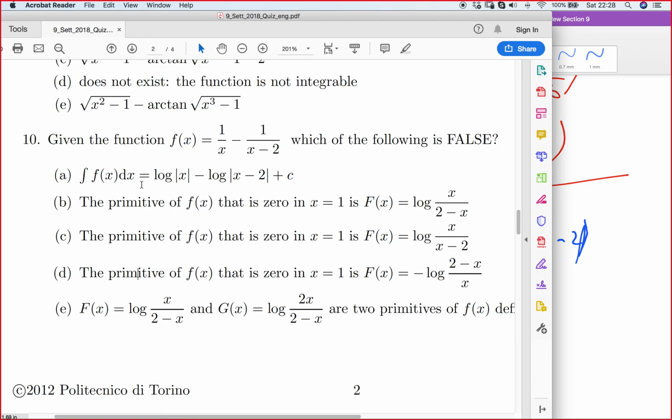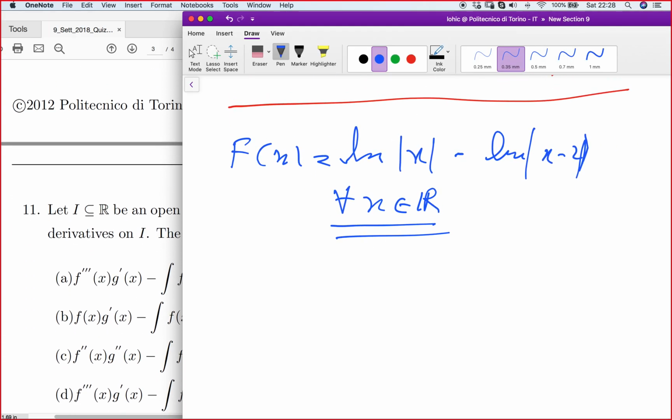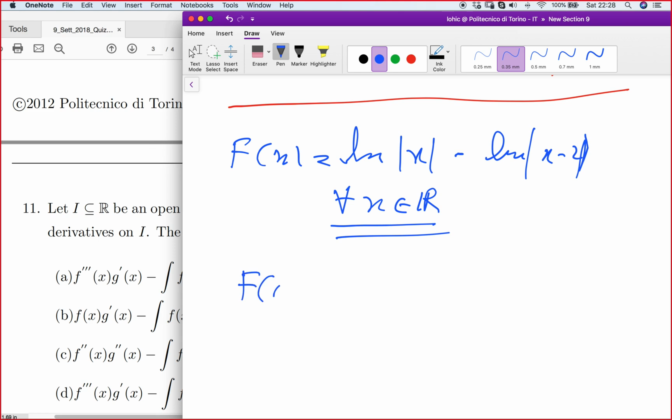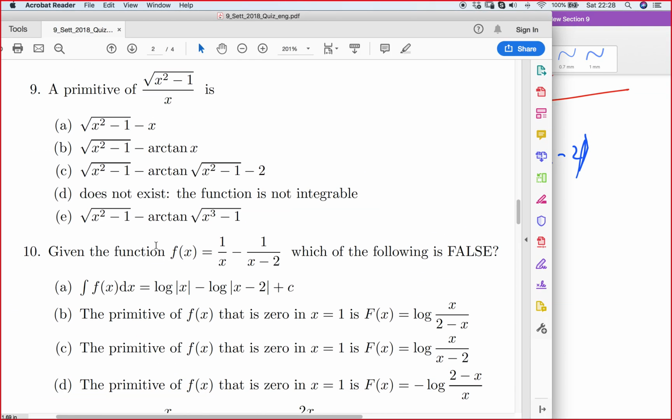But now a is correct, right? Now the primitive of f of x that is 0 at x equal 1 is f of x equal to, let's see. We are saying that when x is 1, the function should give 0. First of all, is this function a primitive?